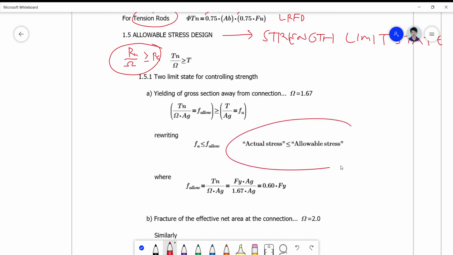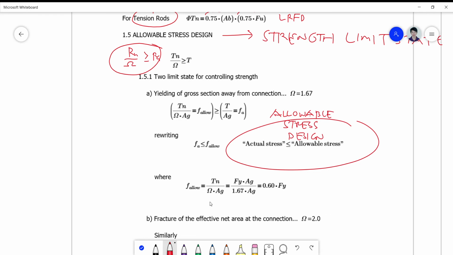That's why this is called the allowable stress design. It's coming from the fact that all allowable stresses are the ones measured in such a methodology.